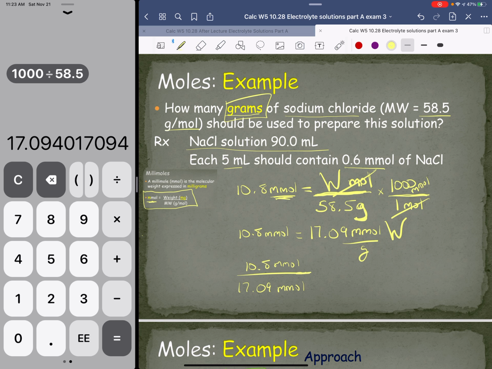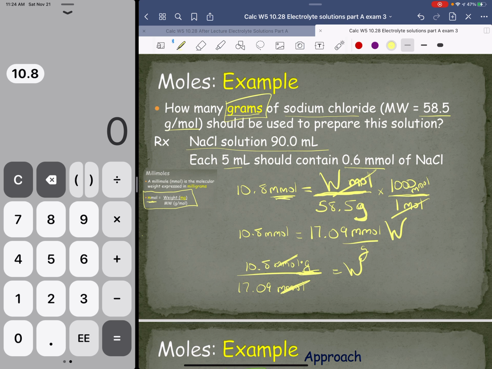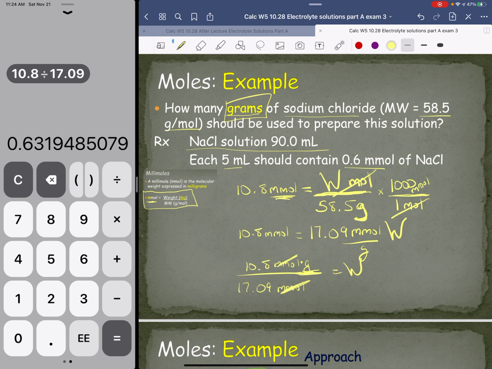That just didn't feel right, so I looked to see what happened. It's 17.09 millimoles per gram. I just moved my gram up top, and that's equal to W, the weight we're looking for. Get rid of those millimoles, and I have 10.8 divided by 17.09, and now I know that my weight is 0.632 grams.